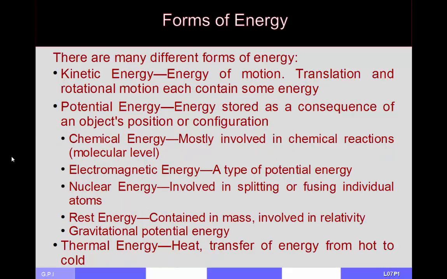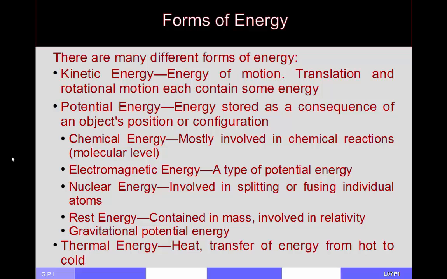So I've already kind of hinted that there's several different forms of energy. The two big ones for us are going to be kinetic energy, which is the energy associated with the motion of an object. And since we've discussed two different types of motion, translational and rotational motion, kinetic energy therefore also has two types.